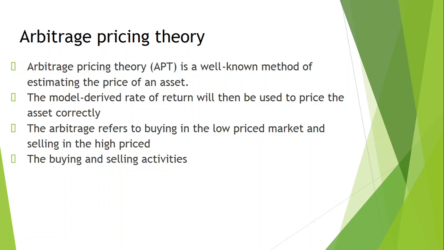Arbitrage refers to buying in the low-priced market and selling in the high-priced one to gain from price differences, bringing about equilibrium in the market price of a security. The buying and selling activities of the arbitrager eliminate the profit margin and thus bring the market price to the equilibrium level.